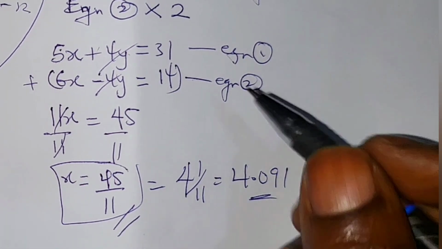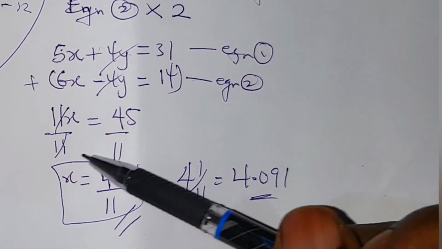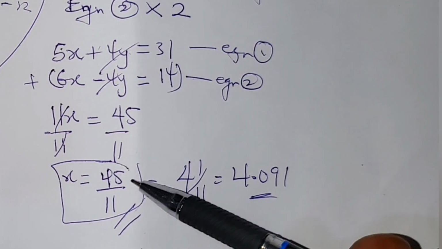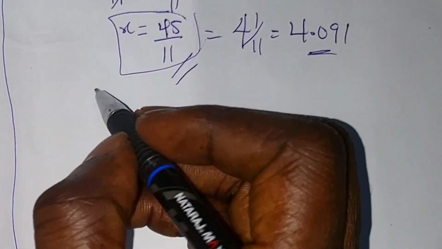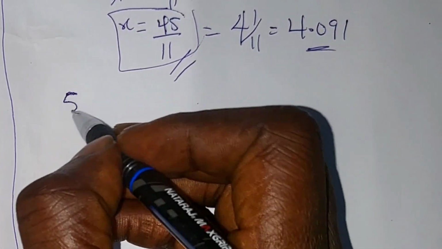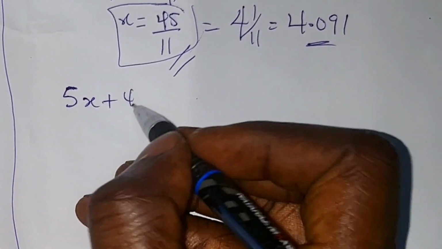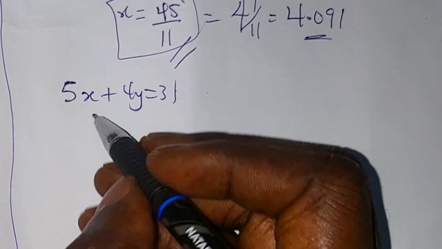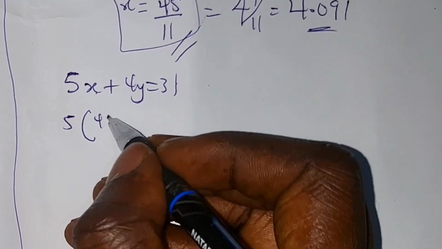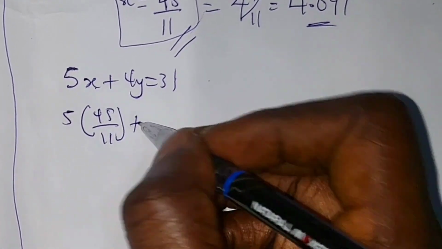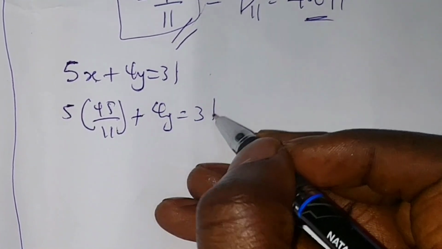What we have to do is to substitute x equals 45 over 11 into any of the equations. So let's put it into the first equation, our original equation 1, which is 5x plus 4y equals 31. We know that x is 45 over 11, so we have 5 times 45 over 11 plus 4y should be 31.